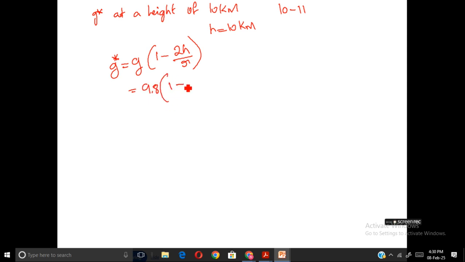So 9.8 into 1 minus 2 into h, which is 10 into 10 raised to 3, by r. What is r? 6400, again in kilometers. Now can you calculate and tell me how much the acceleration due to gravity changes within that height of the troposphere?